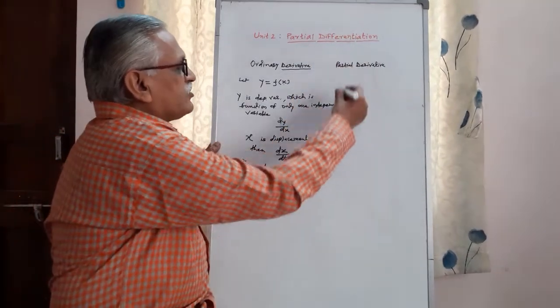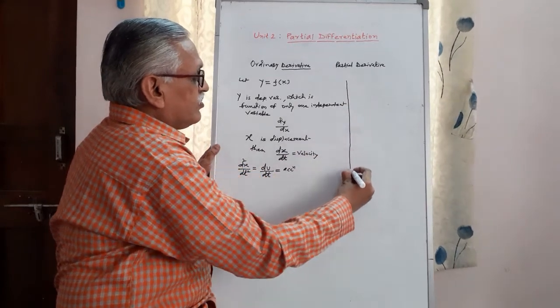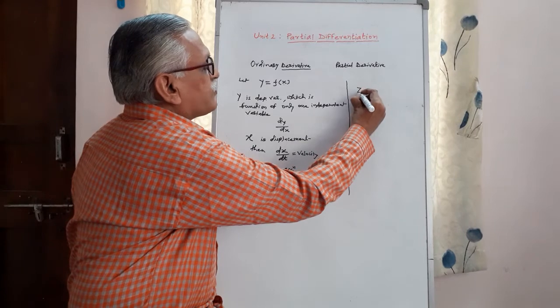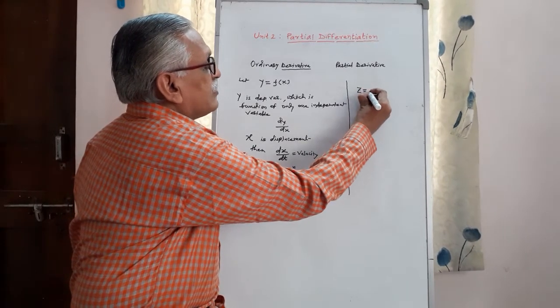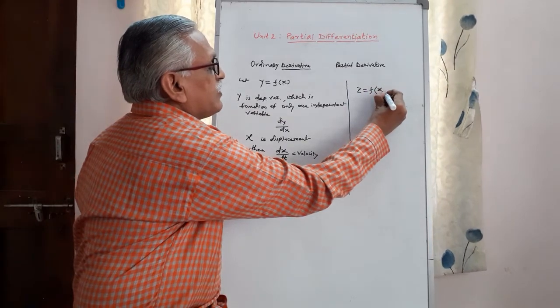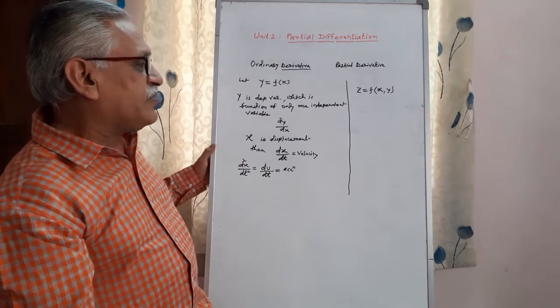Then I will go for the second type of derivative. For that, I will consider the function z, which is a function of two independent variables.